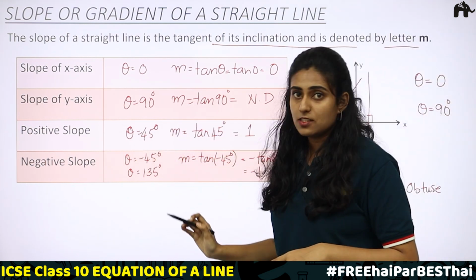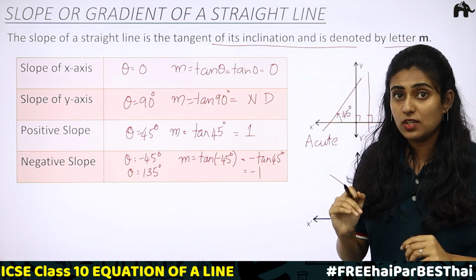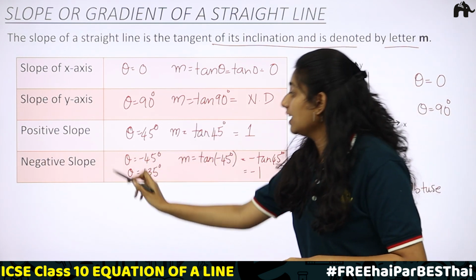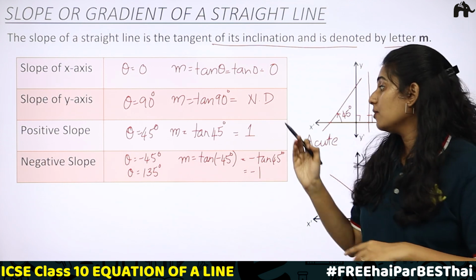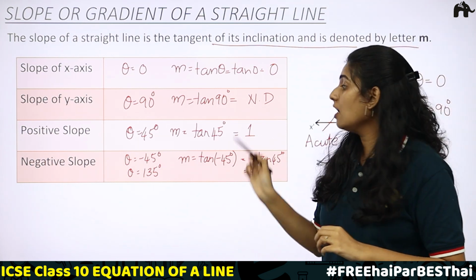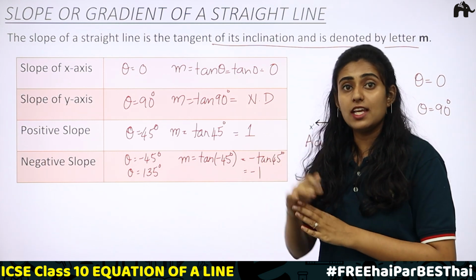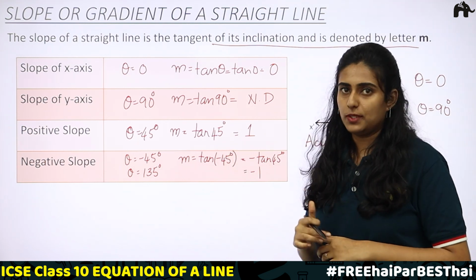We get positive slope when the inclination is an acute angle and measured in the anti-clockwise direction. We get negative slope when the angle measured is an obtuse angle with respect to the x-axis in the anti-clockwise direction, or an acute angle measured in the clockwise direction, that is to the left of the line along the x-axis. Clear? We get negative slope in that case.